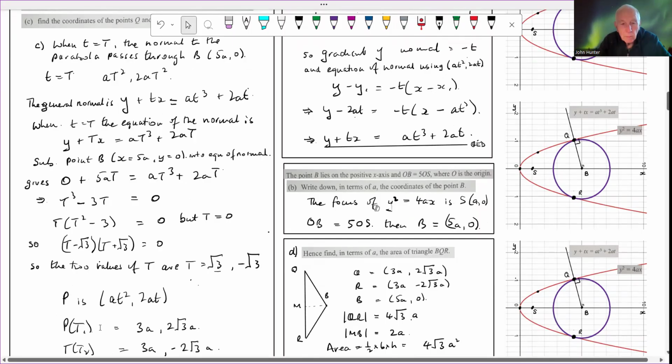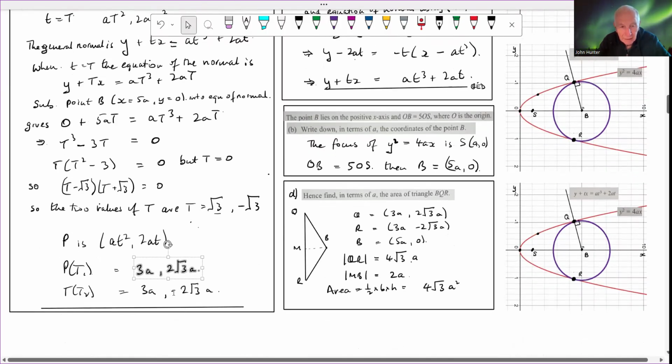So P at the points where it touches the circle are going to be what we get when we realize this, and that's going to be 3a and 2 times the square root of 3 times a, and the negative of that.